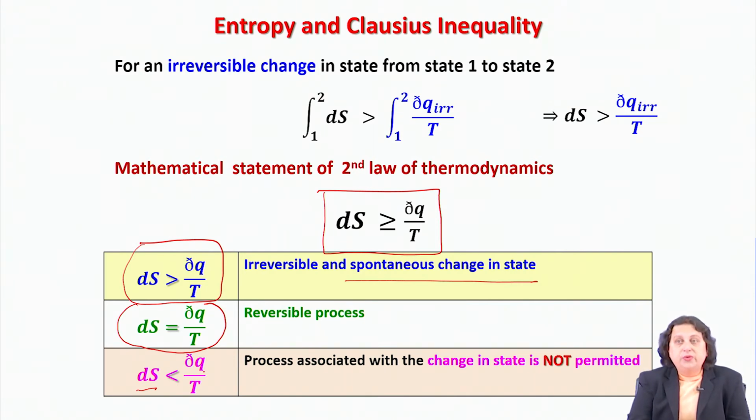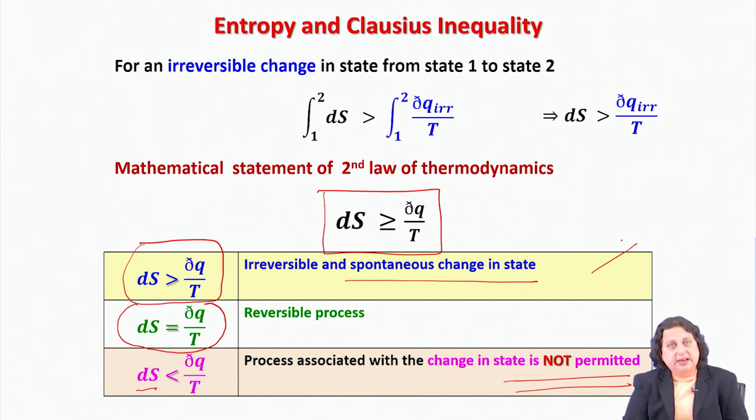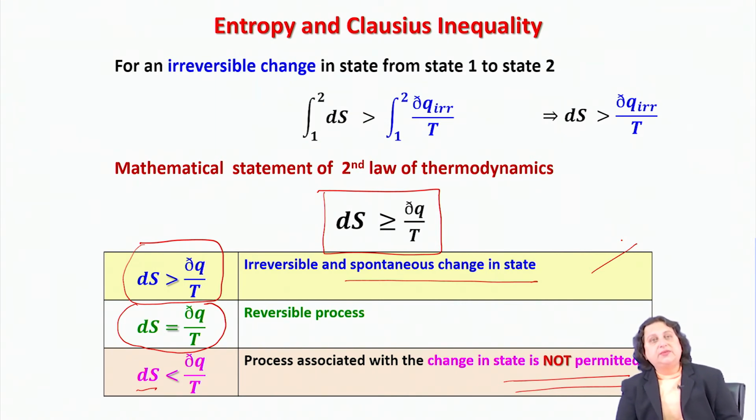And therefore, we would say that the process associated with the change in state is not permitted, or it is non-spontaneous. Therefore, this has to be the relationship exactly opposite to this. Therefore, the mathematical statement of the second law of thermodynamics gives us an outline of the condition of spontaneity and equilibrium in terms of the change in entropy.